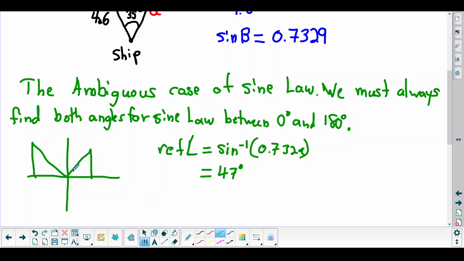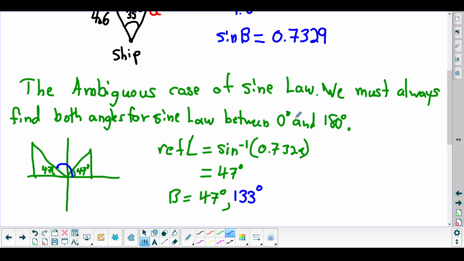Okay, so these two angles are 47 degrees, and that will be one of our options. So angle B is 47 degrees, or it'll be this angle, the angle between the positive x-axis over to here, and that would be 133 degrees. So there's two possible angles that we could get.